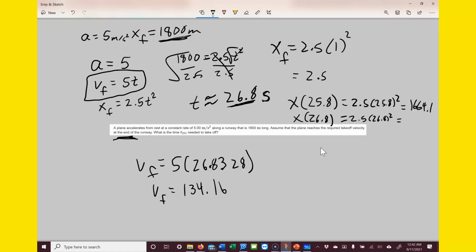And if I change it to 26.8 squared, it's 1795.6.